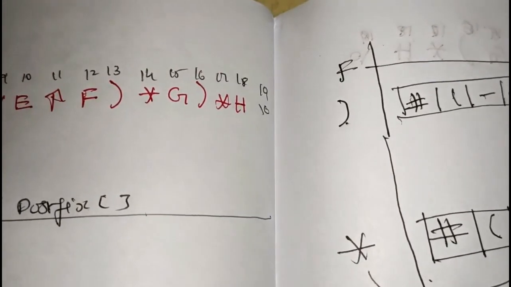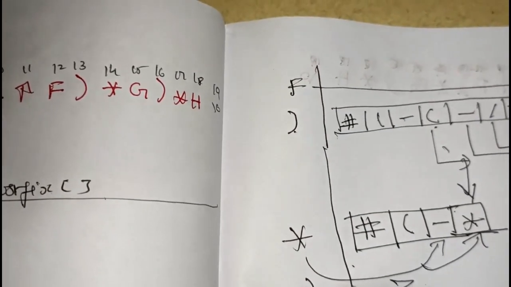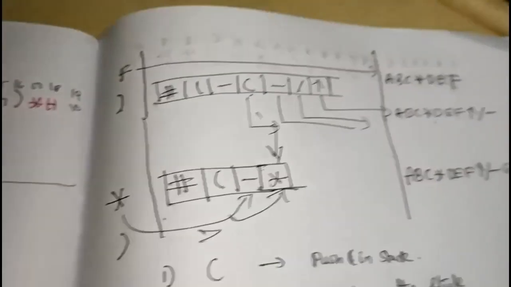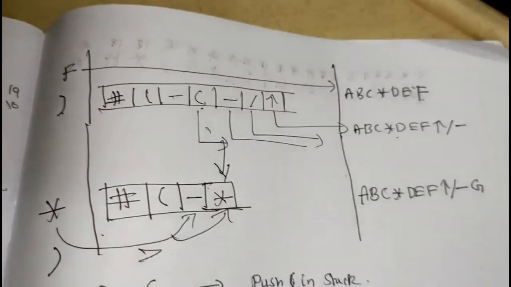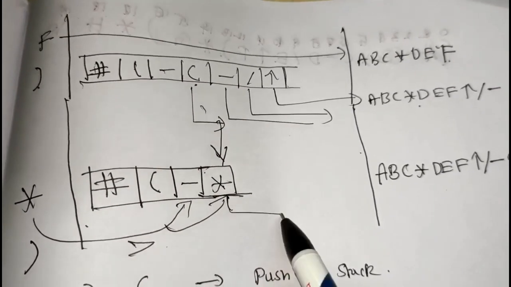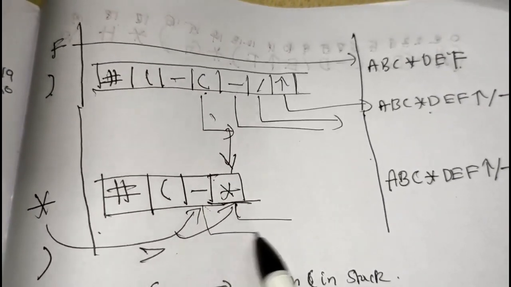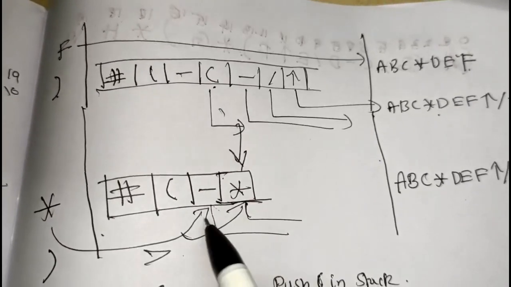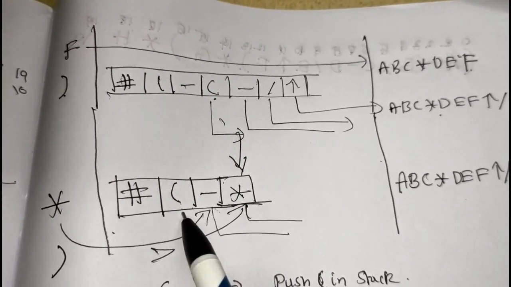Next encountered is closed parenthesis again. So we know that the moment we see the closed parenthesis, we are supposed to pop star and we are supposed to pop minus, and we will pop this but we will not store.